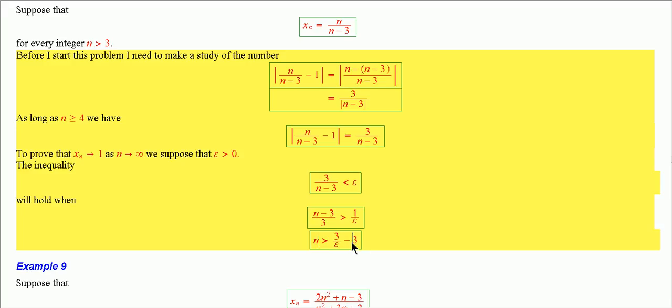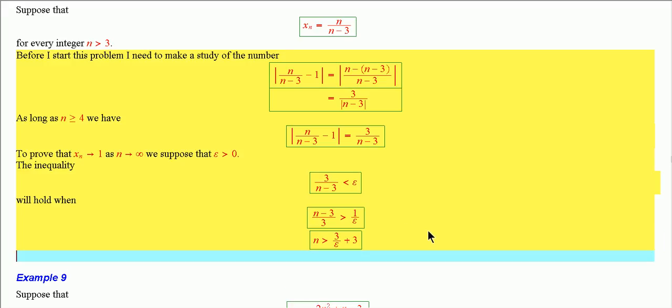This condition says that n is greater than some number on the right side. I am now ready to begin. Here we go. Choose an integer big N greater than whatever this is. Just copy it.